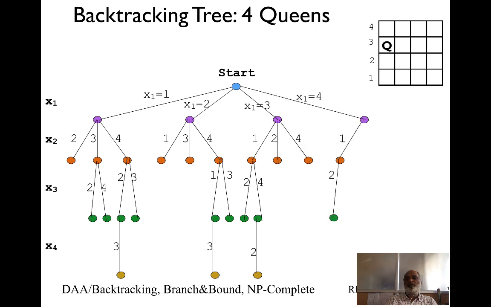And you find there's one more solution, which is x1 equal to 3, and then x2 equal to 1, x3 equal to 4 and x4 equal to 2. You'll basically build this, and this would be the solution there.